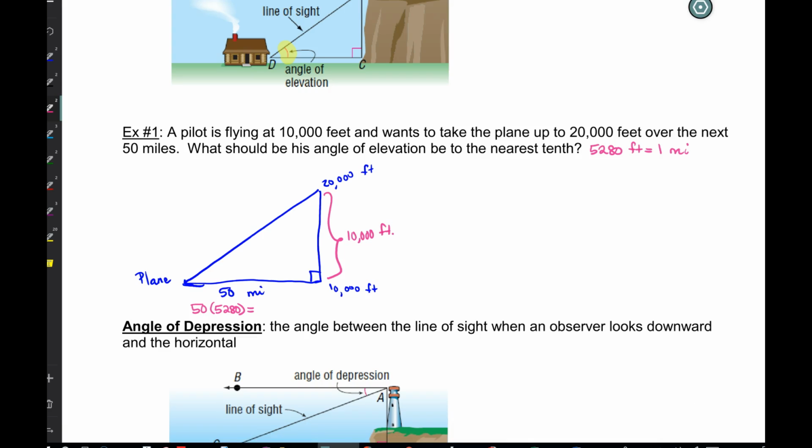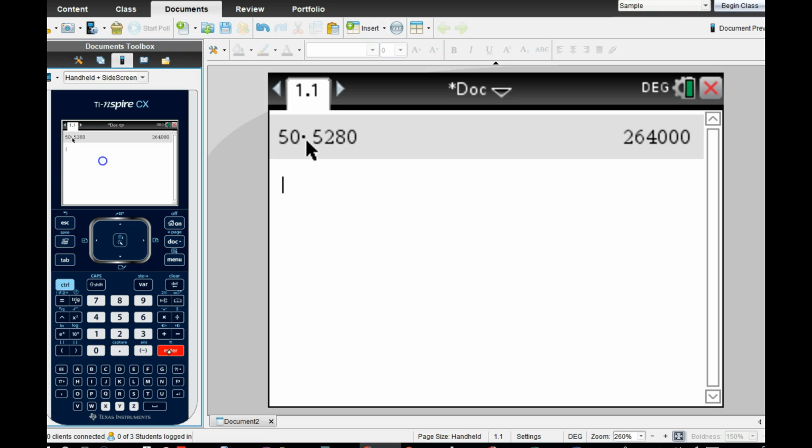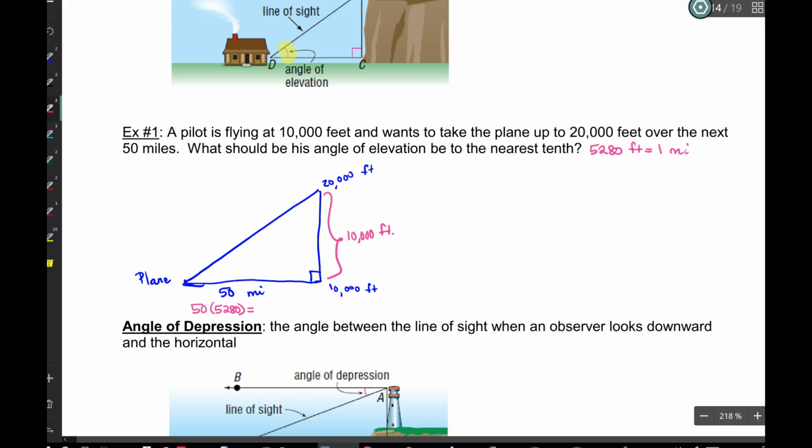He's like, it's 3,700. It's 5,280. So we're going to take 50 times 5,280, and we get 264,000. And now that's going to be feet.